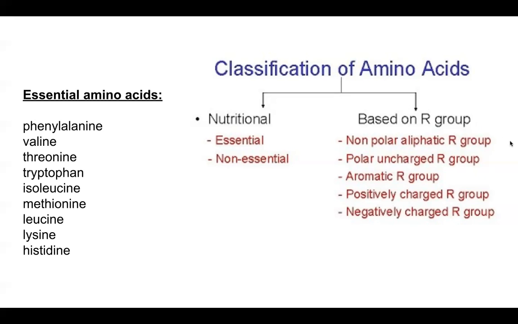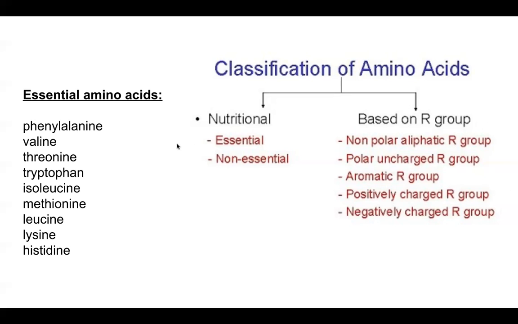Based on R groups, amino acids can be non-polar aliphatic R group, polar uncharged R group, aromatic R group, positively charged R group, and negatively charged R group.